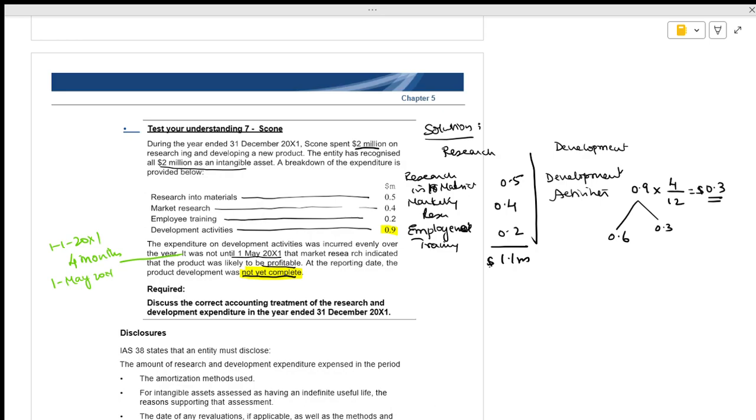When you are expensing, all of these are going to be expensed.